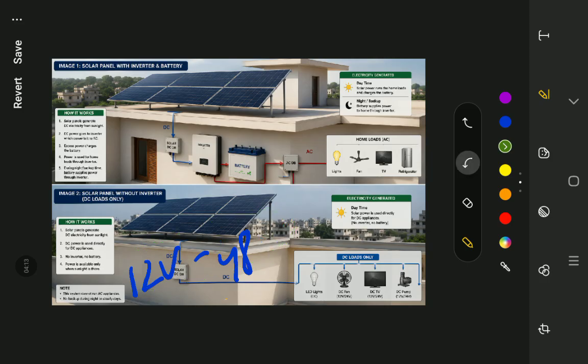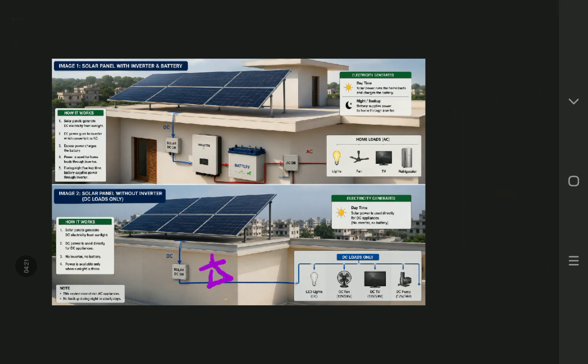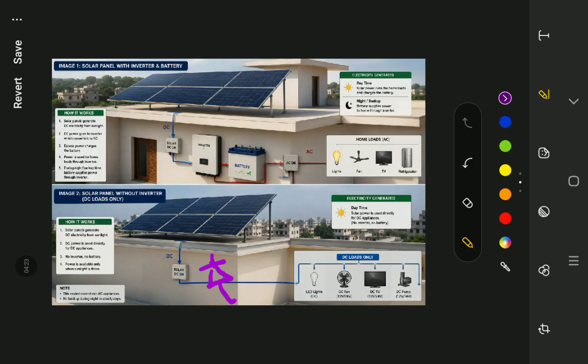If we are taking direct DC output to the load, we should for sure connect a diode. A diode is a component that ensures the current goes in one direction only and doesn't reverse. That is the concept of reverse polarity.